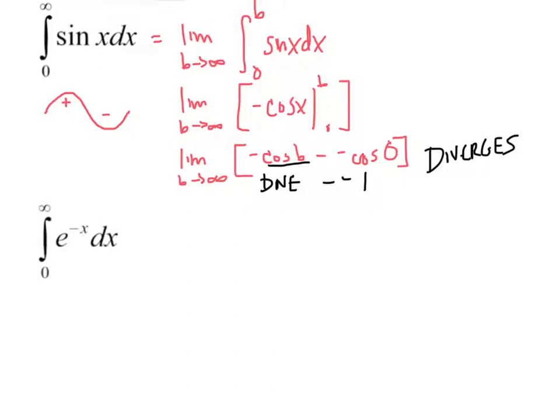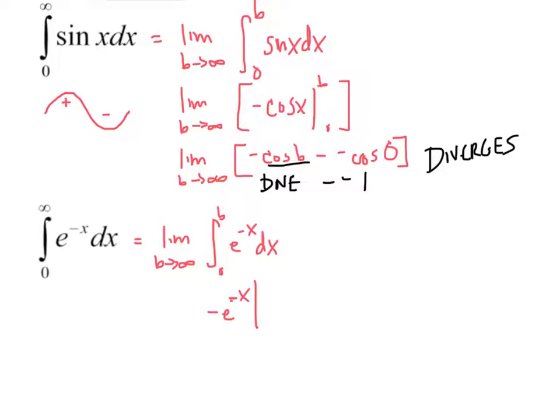Okay. Last one. I'm going to rewrite this with a limit statement. I would urge you to get in the habit of doing that because it's notationally correct, and it also explains at the end why you can suddenly just drop some terms out. The antiderivative of e to the negative x is negative e to the negative x.